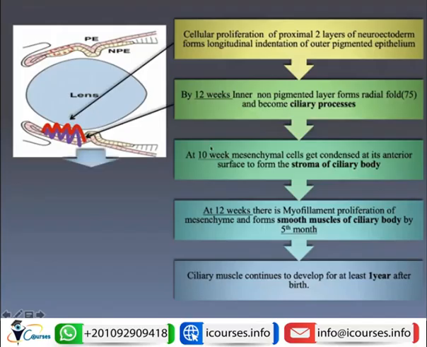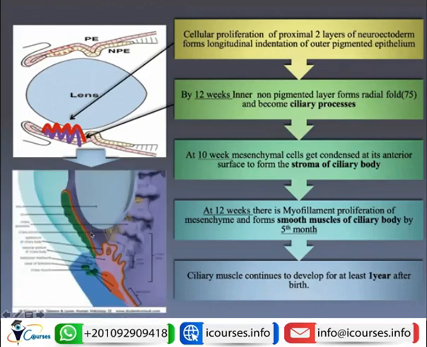At the 10th week, the mesenchyme around the area of the ciliary body will form the stroma of the ciliary body. So the mesenchymal cells will form the stroma of the ciliary body, while the ciliary muscle will develop from the 12th week.